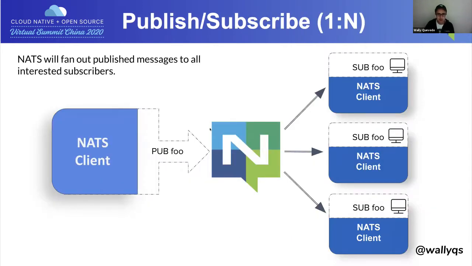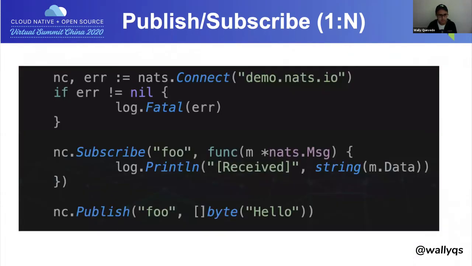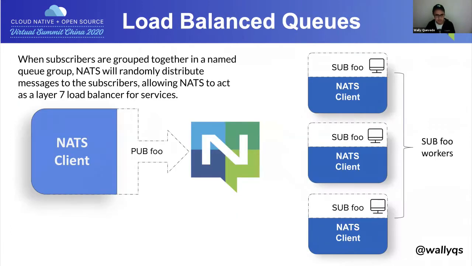Whereas with publish-subscribe, you can continue to publish messages, and then any number of subscribers will receive it. Again, at the API level, you just subscribe on a subject, and when you use publish on foo, you will receive that message.